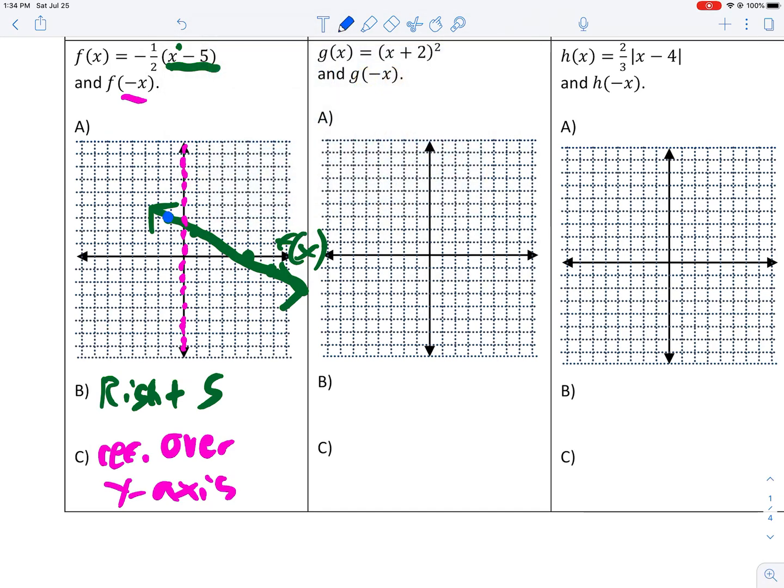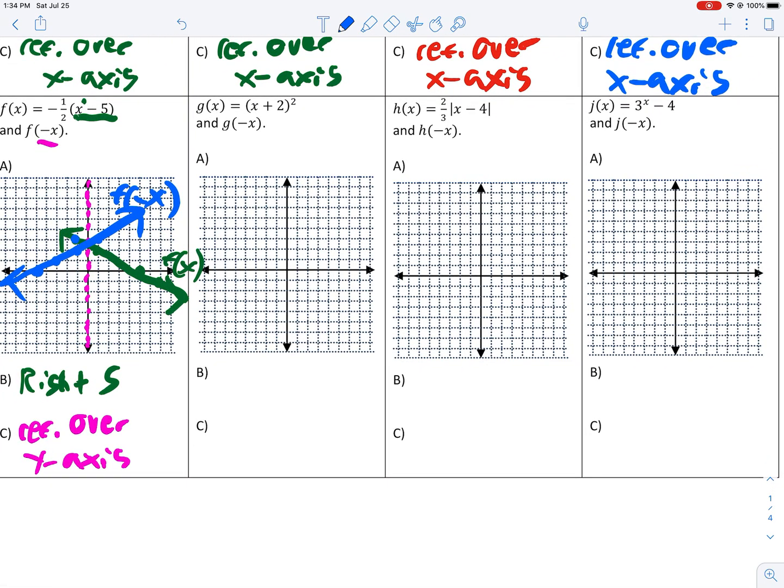So if this point is here, now it's going to be here. That point is here, now it's going to be here. 5 to the right, now 1, 2, 3, 4, 5 to the left. And we got this point. So there's our graph. There's f of negative x.